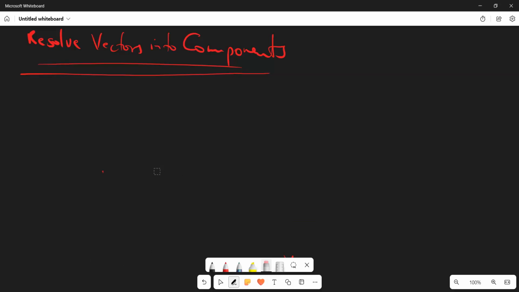So you have a little boat, and it's heading across that way with a speed of, let's say, 5 km per hour. Then the current is tugging at it with, let's say, 2 km per hour.